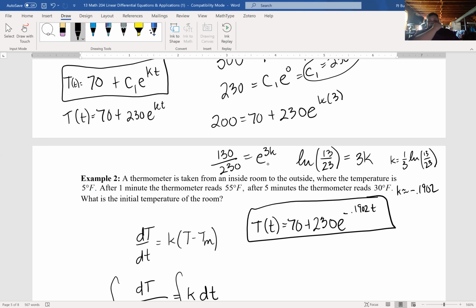So now the question is, can you solve for little t when big T is 90?